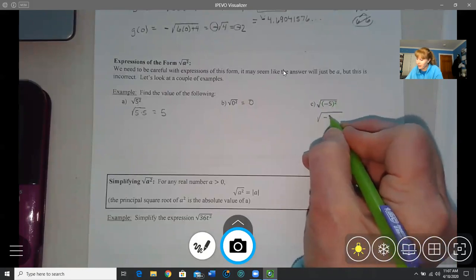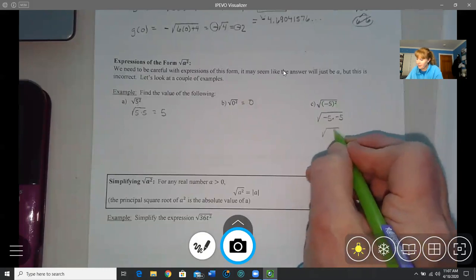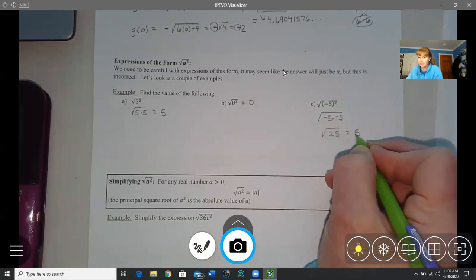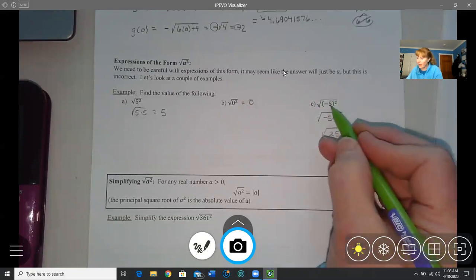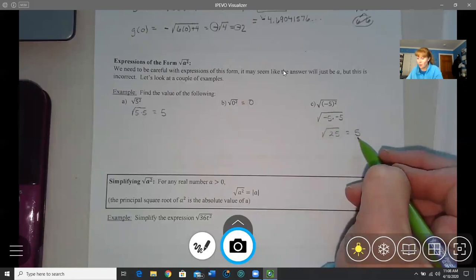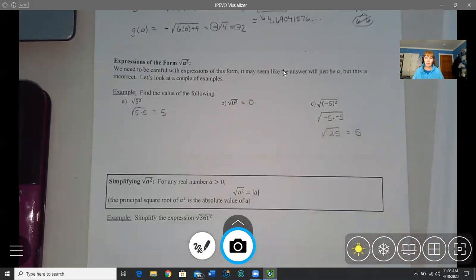Simplified, a negative 5 times a negative 5 is a positive 25, so the answer is 5. Even though we have a negative substituted in there, what comes out needs to be positive out of these principal square roots.